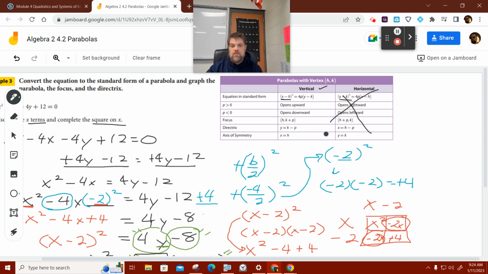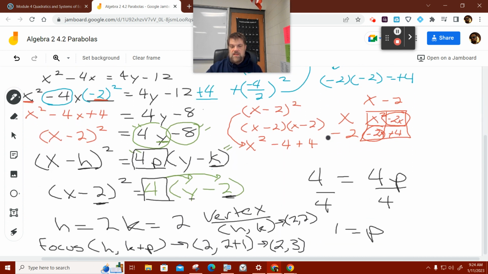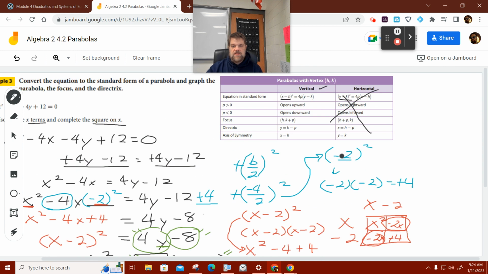Oh, it's y equals k minus p, right? So my directrix, I'm going to write that up here because I'm running out of room, is y equals k minus p. What's k? 2, minus p, which is 1. So my directrix is y equals 2 minus 1, which is 1.